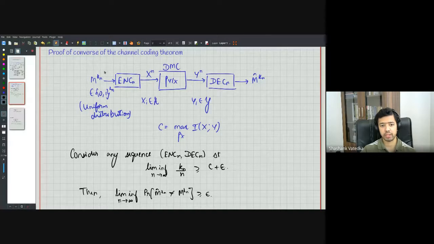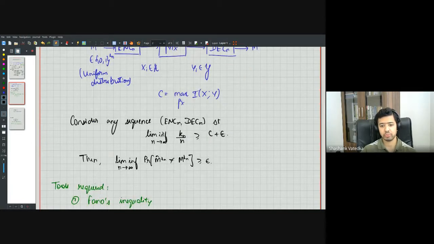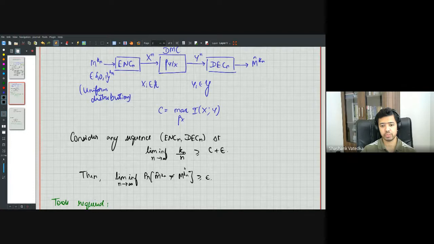You map the message bits into a code word of length n and transmit these n symbols across the channel one after the other. Each symbol is corrupted by the channel according to P of y given x, and you observe Y^n at the receiver, and the receiver tries to decode Y^n to get an estimate of the message bits. We want to know the maximum rate k by n that you can achieve while ensuring that the probability of error is vanishing.